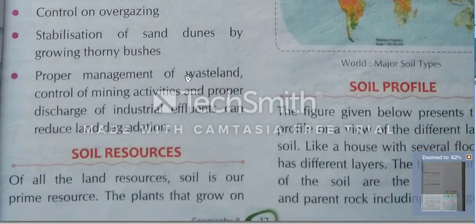Clear? Now we will see a new point, soil resources. Now we will discuss soil resources. Of all the land resources, soil is our prime resource, main resource.